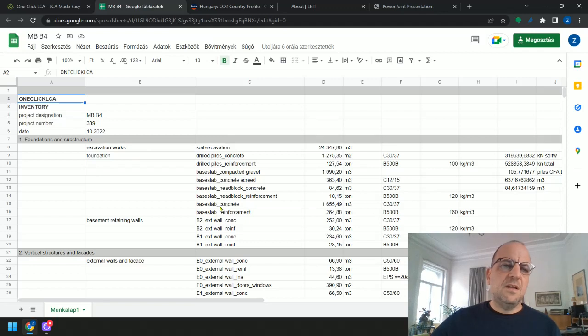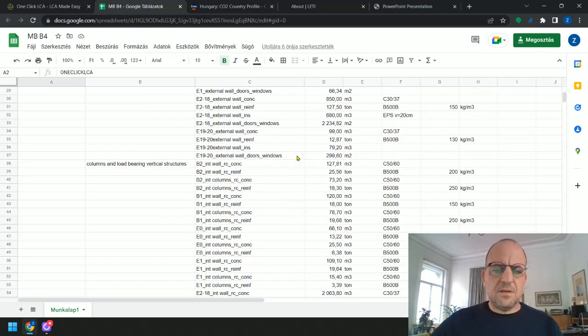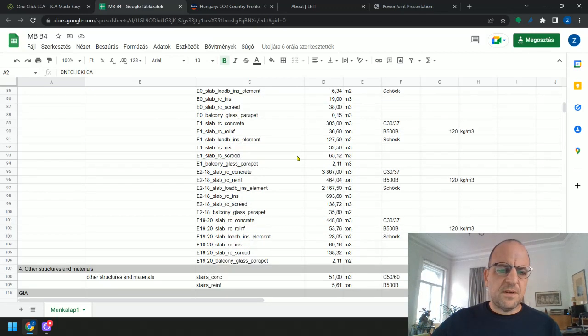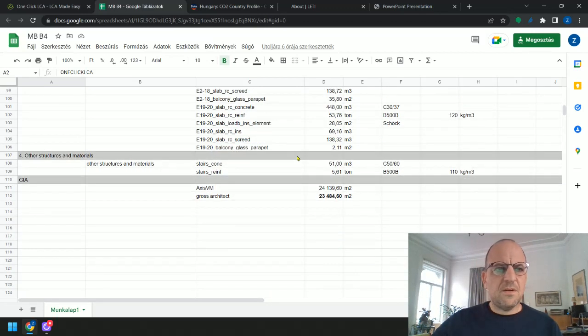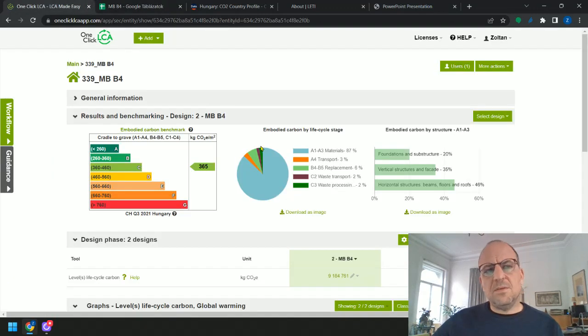This is the software we are using for the analysis. So you can see here all the items and the amounts of the items and the qualities, the grades. It is very similar to the cost calculation of a building, but we have different categories here. So once we were done with it, we went to this OneclickLCA software.